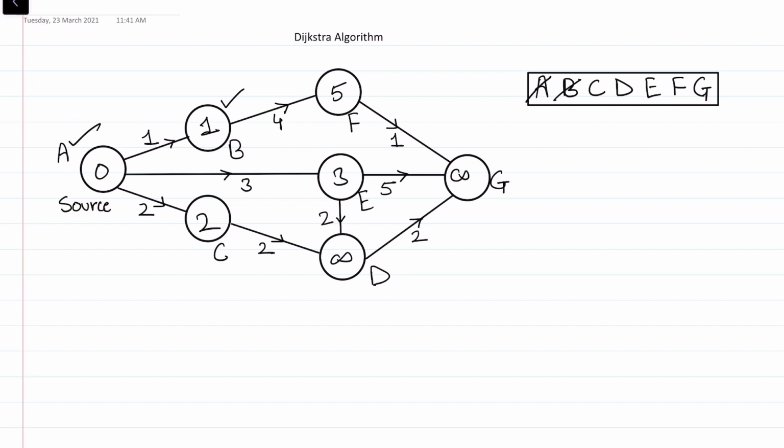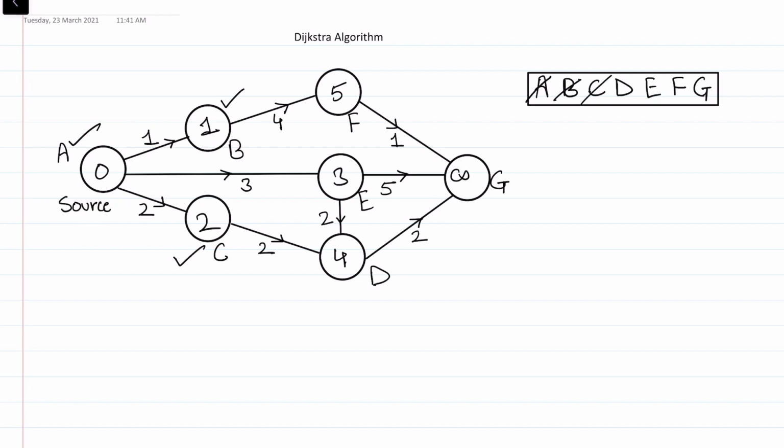Now again repeating the same steps, we have to find the minimum distance value, which in this case would be node C, or 2, and we have to relax all the outgoing edges from the node C, which leads to the node D, and we find the distance from node A to D by adding C plus 2, which becomes 4, and we now can remove C from the first set.